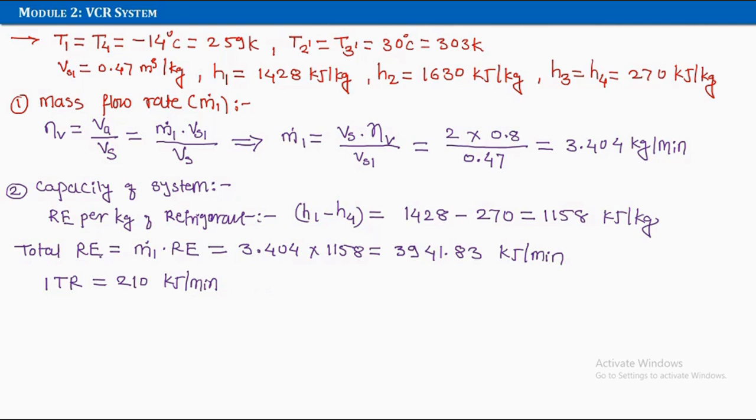If I divide the total refrigerating effect by 210, I'll get the total capacity of the system in tons of refrigeration. So total capacity of system equals how much?